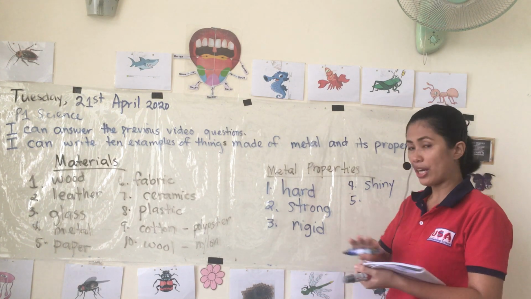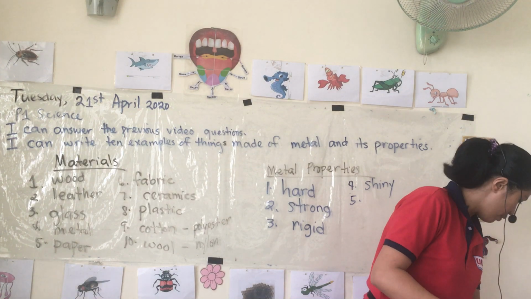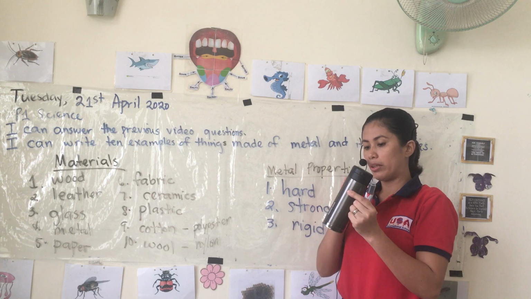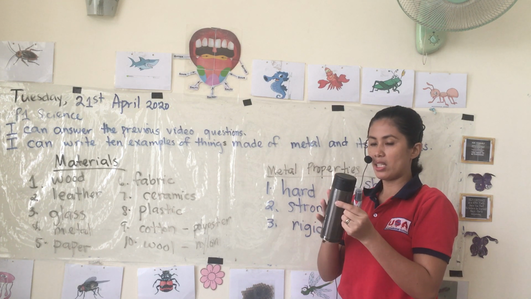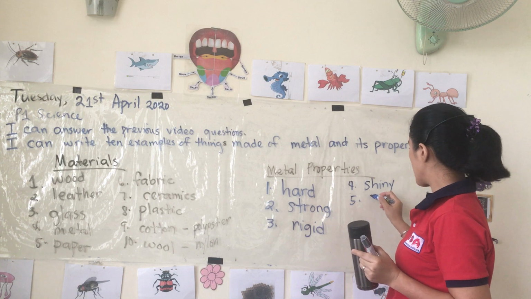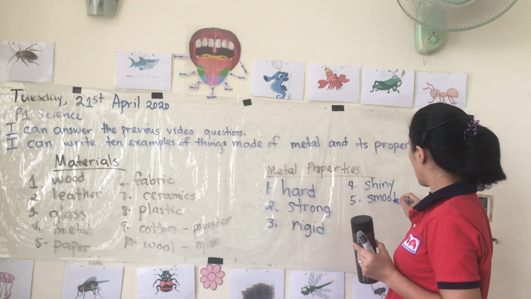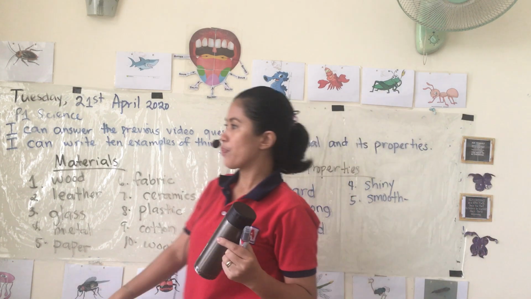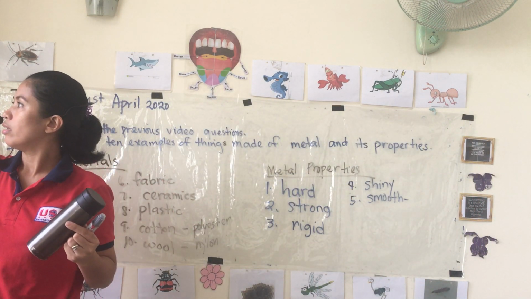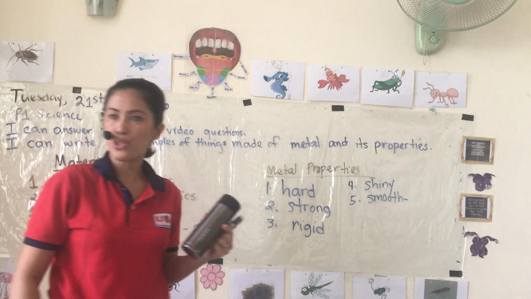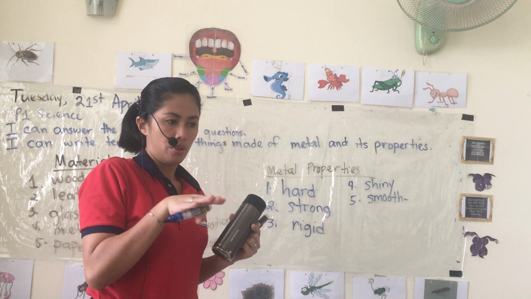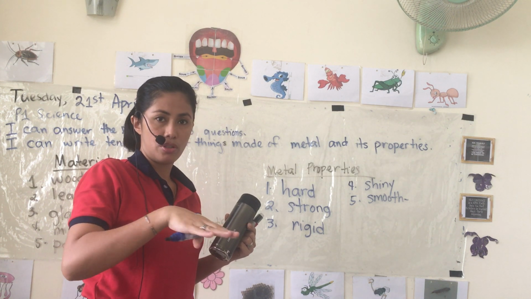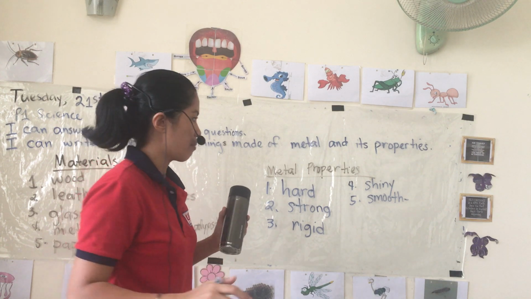When you touch a metal, this water bottle is made of metal. So this part is smooth, right? So we can see that some metals are smooth. And what's the opposite of smooth? Some metals are also rough, because sometimes people will not make it smooth.